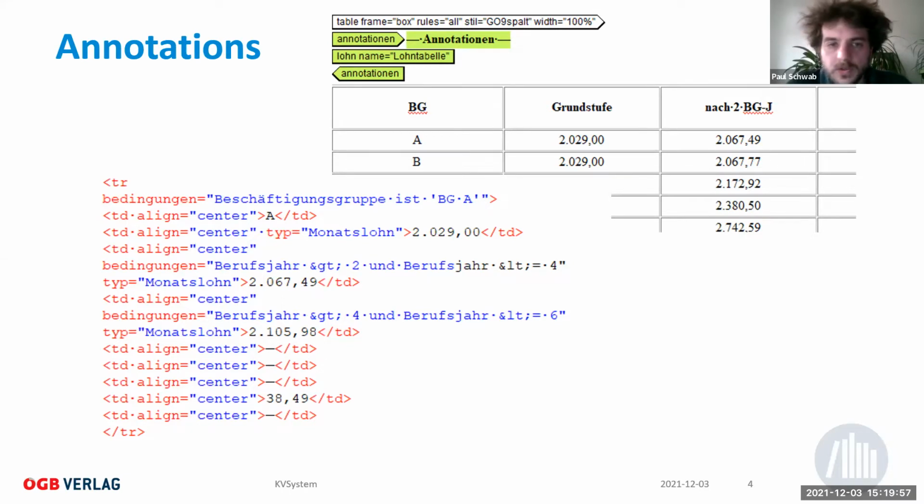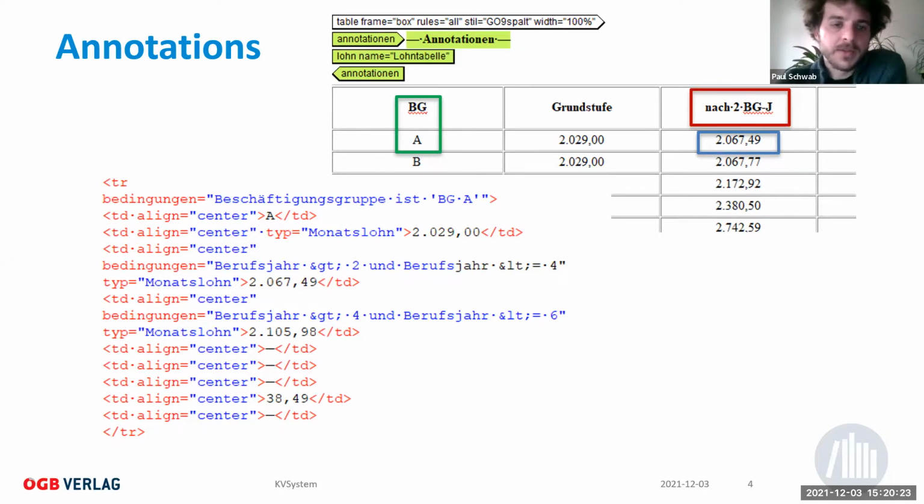So just to show you, on the right top, you see the XML version of a wage table, and on the left bottom, you see the source code of it and all the annotation behind it. And we're talking about this wage. From the table, we see that it's in the wage group A, and after 2 years in this position, you get it.